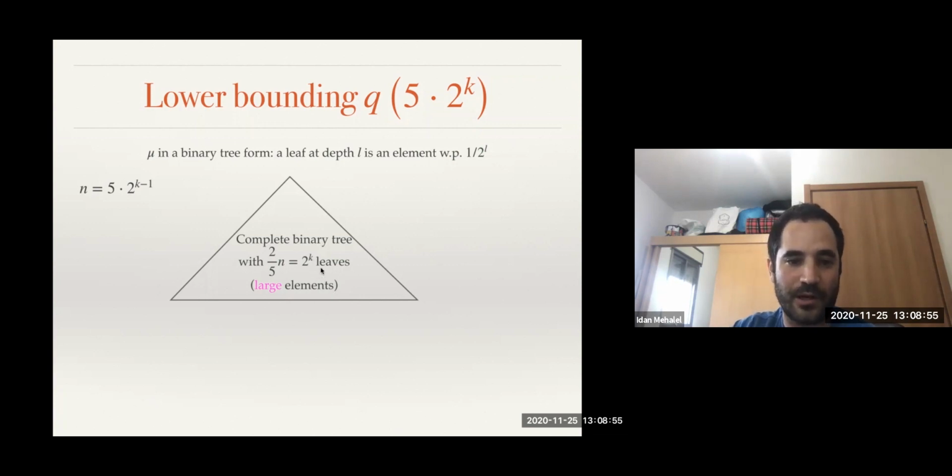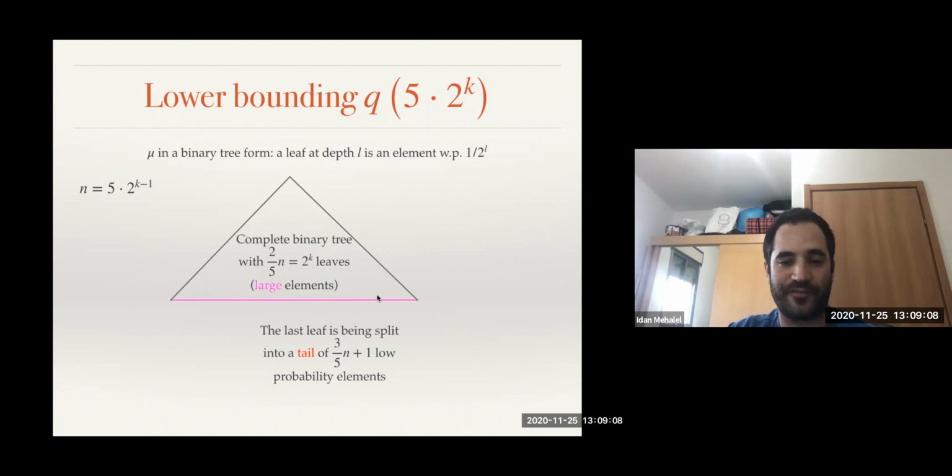We call those large elements. But we want to have a total of n elements. So what they did is take the last leaf and split it into a tail of 3/5 n low probability elements like that. So this is our distribution mu.